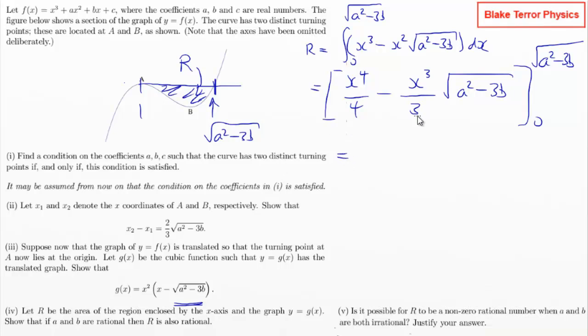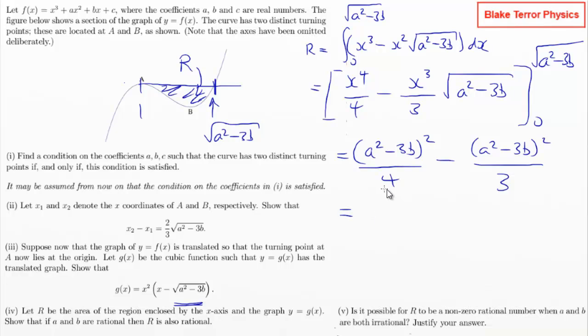So that R then, we've got that thing to the power of 4, which becomes a squared minus 3b all squared, divided by 4. And then we've got that thing to the power of 3, and then multiplied by it again. So we've also got a squared minus 3b all squared, divided by 3. So that then is, well, quarter minus a third is minus a 12th of a squared minus 3b all squared.